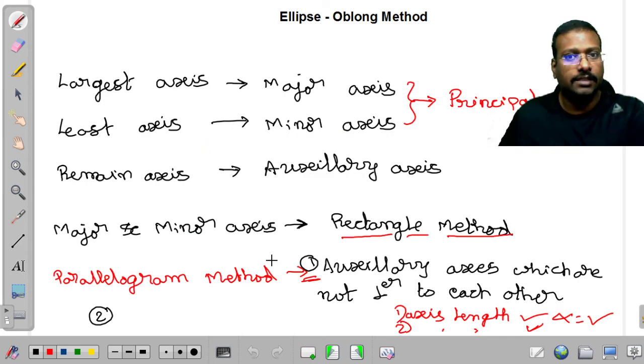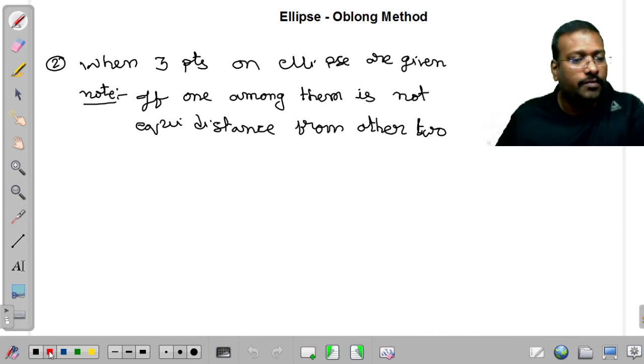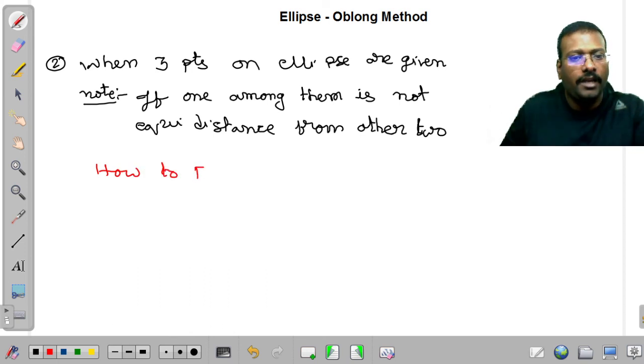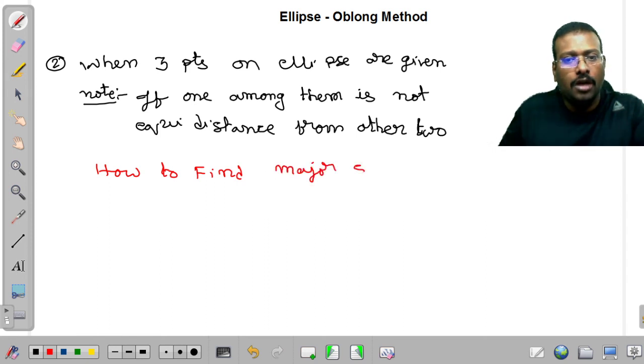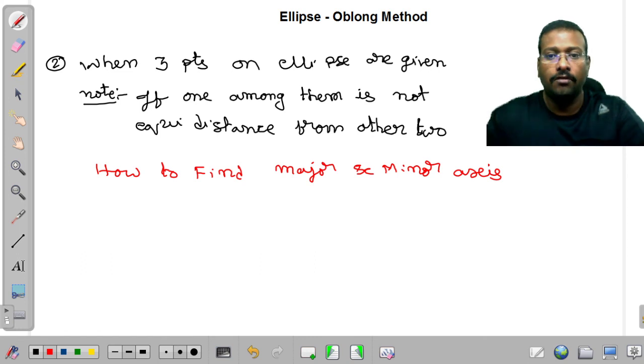Apart from this, in the oblong method we have to learn one more thing: once you are using the parallelogram method, how to find the major and minor axes for that particular ellipse which you draw by using the parallelogram method.